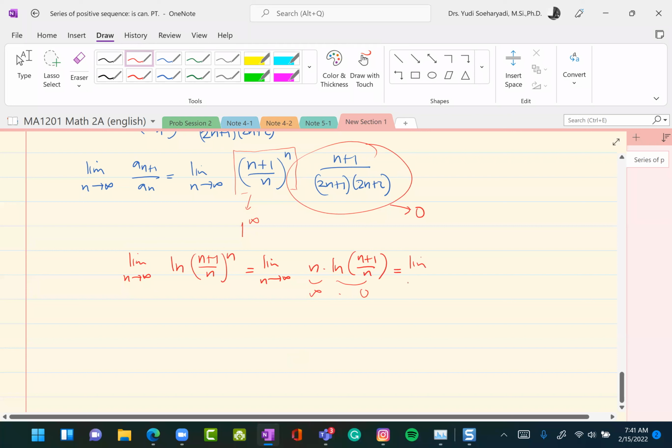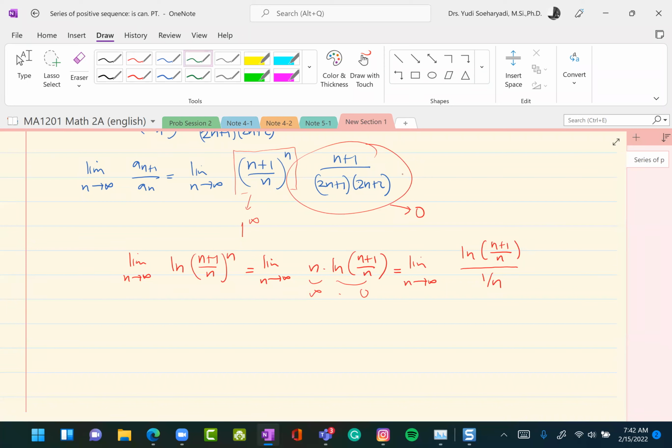You write this down as ln over 1 over n. Okay, and we attempt to use L'Hopital. So we take the derivative. Well, this is equal to 1 plus 1 over n. Make it easier.